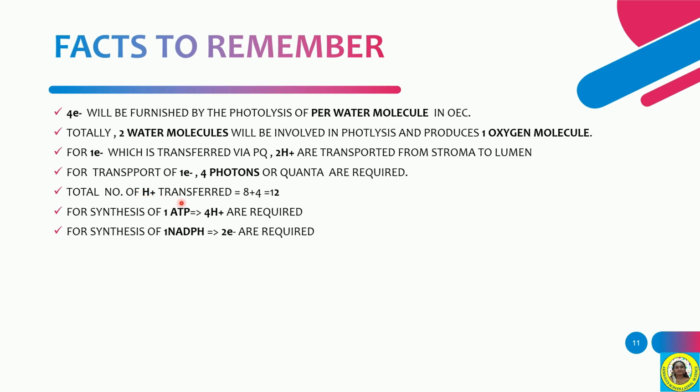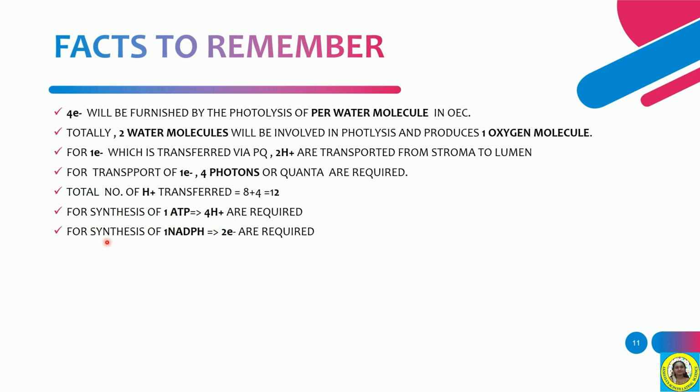And how do we get the number 12? 8 from the ETS, meaning for one electron transport 2H+ are pulled into the lumen, that is how we get 8, and 4H+ from photolysis of water. And then for synthesis of one ATP, 4H+ are required, and for the synthesis of one NADPH, 2 electrons are required.